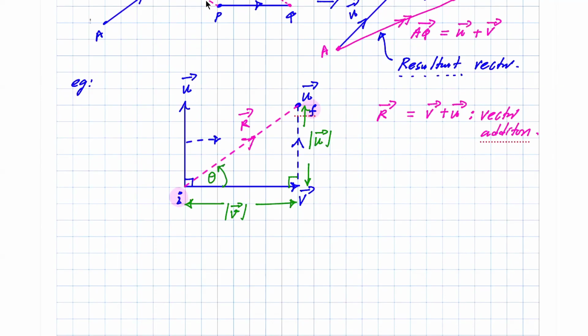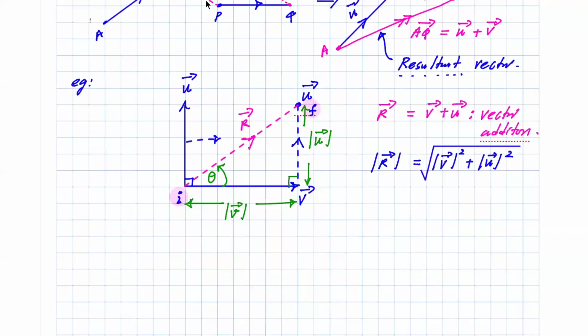Now if you want to find the magnitude of R vector, the distance of this one, a scalar value, you can find it using the Pythagoras theorem: the square root of V vector mod squared plus U vector mod squared. Simple Pythagoras theorem, right?